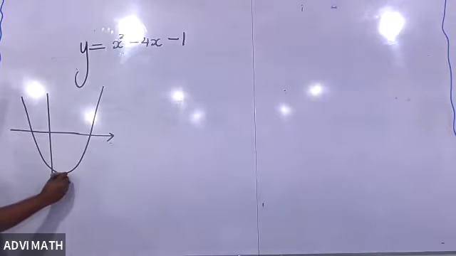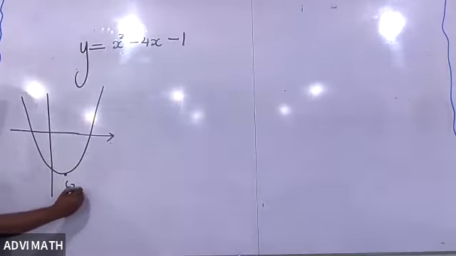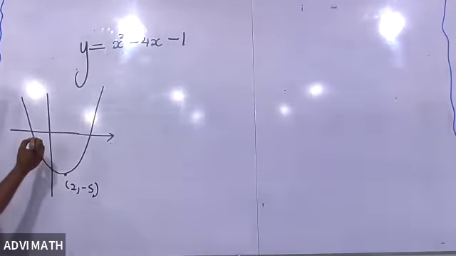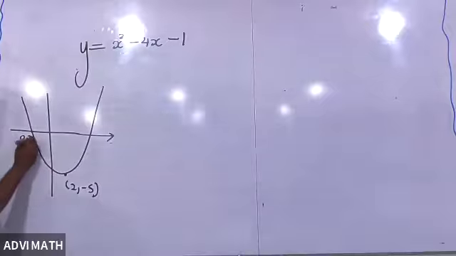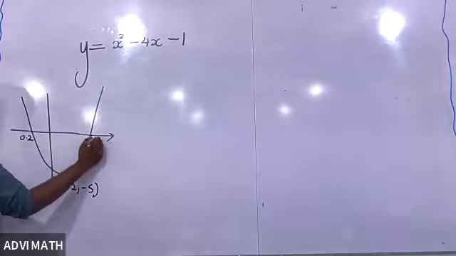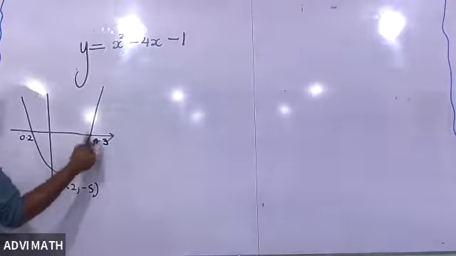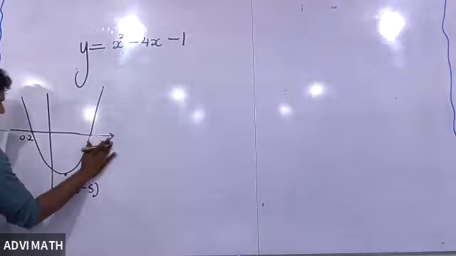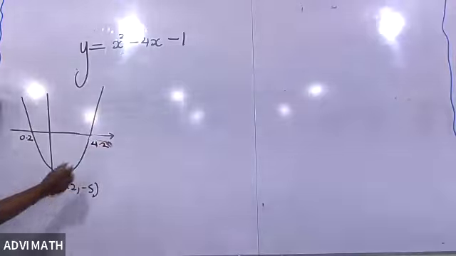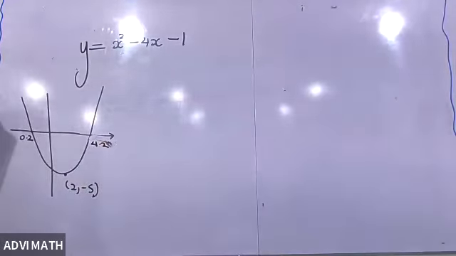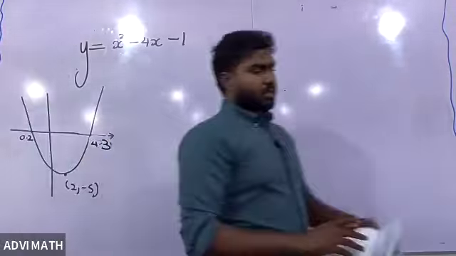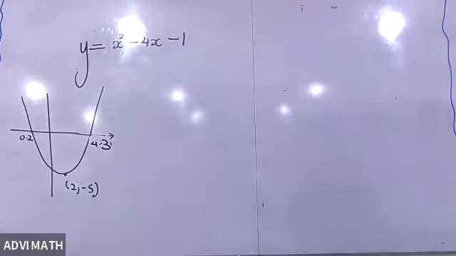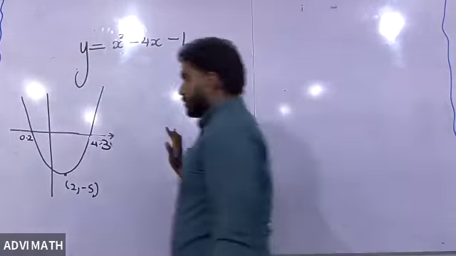Where this point is 2, -5. And here it is cutting at the point, it's not correct, but I'm just writing the rough values, 0.2 and here it is cutting 4.3 or 4.2. Ideal is 4.3. Sorry. Look at the board.